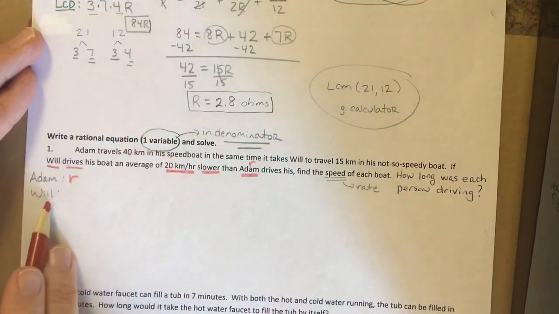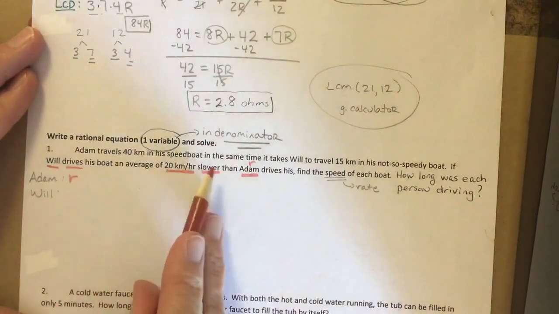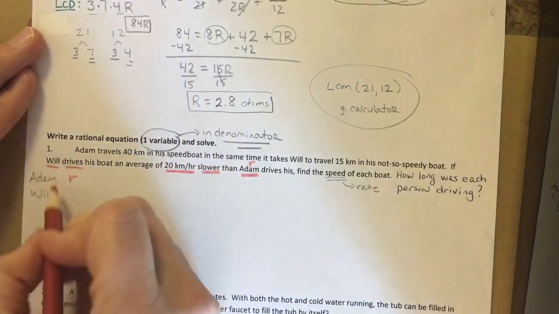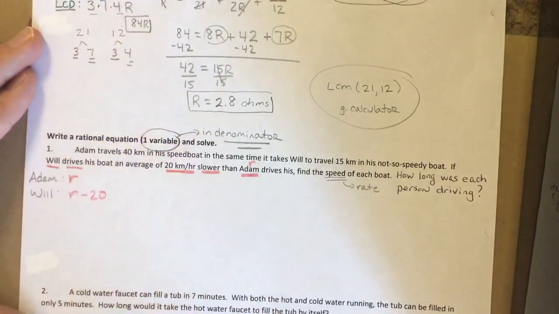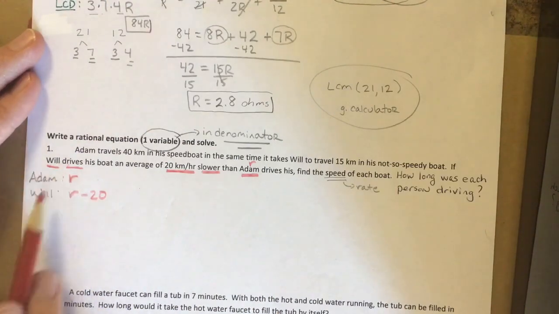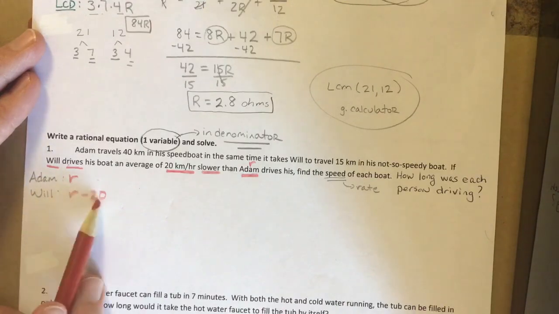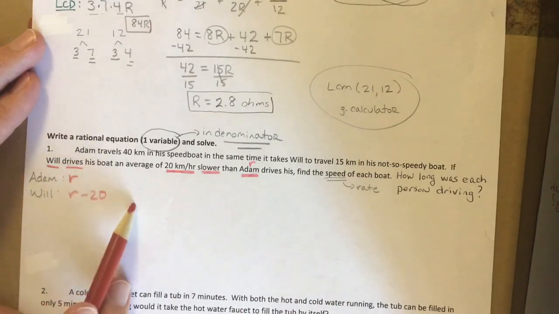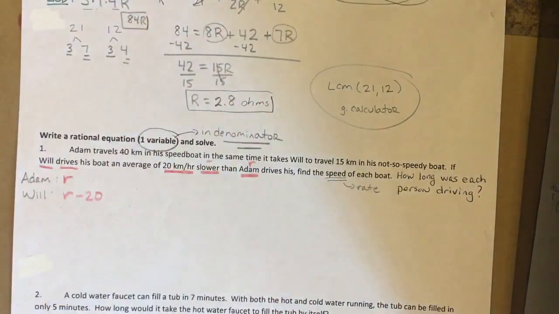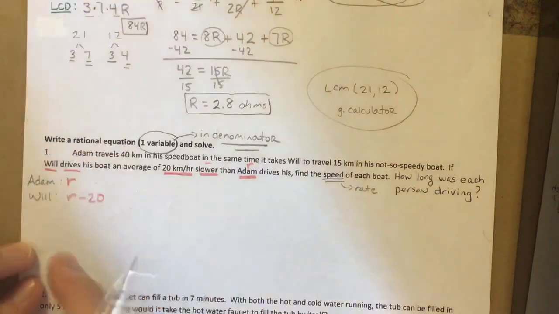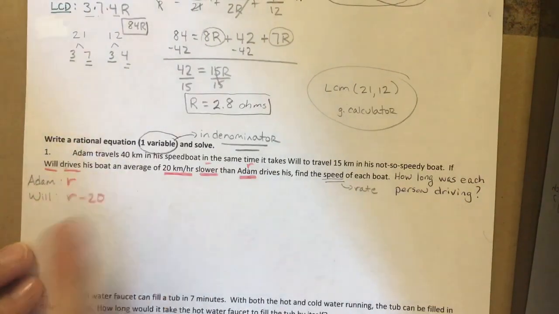Well, Will is 20 slower than R. So how do we say that? R minus 20. So say Adam was going 60. Then Will would be going 60 minus 20, which is 40. Slower is a subtraction. Now you're not allowed to switch that around. You can't say 20 minus R. It's got to be R minus 20.